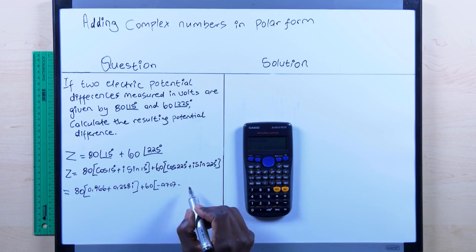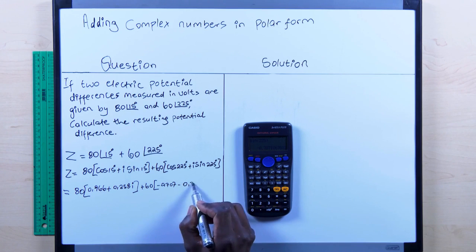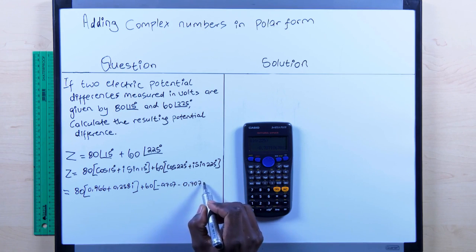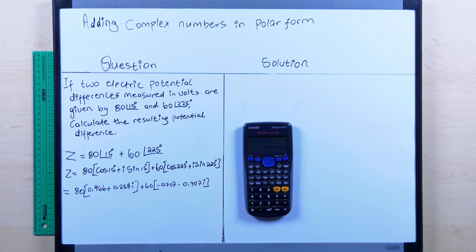Again, negative 0.707i, close bracket. Once we've done this part, we're therefore going to have to multiply into the brackets throughout.